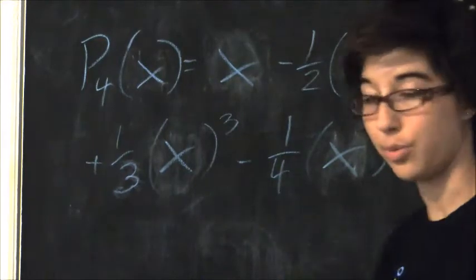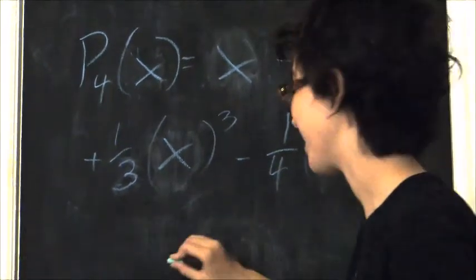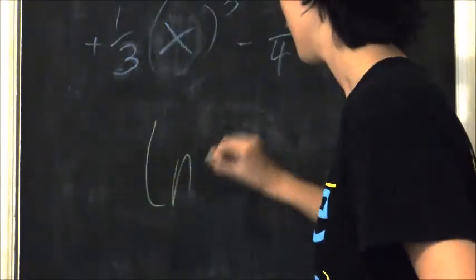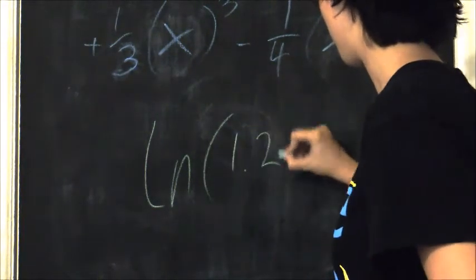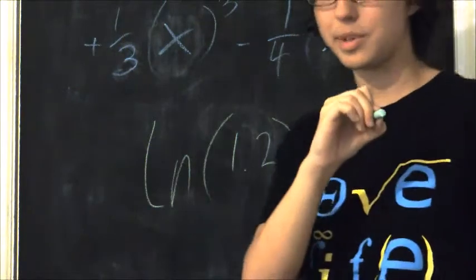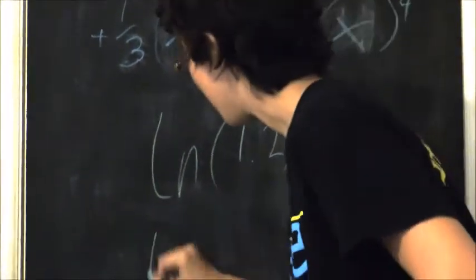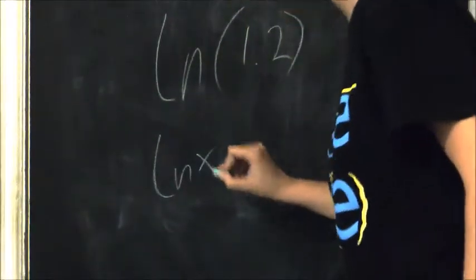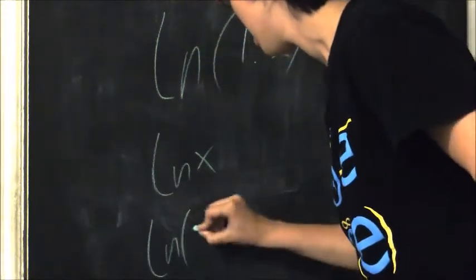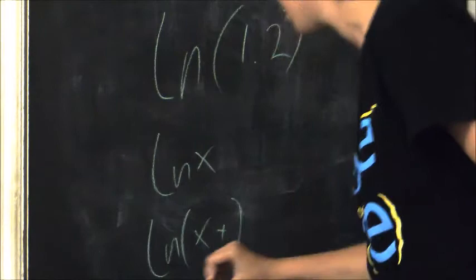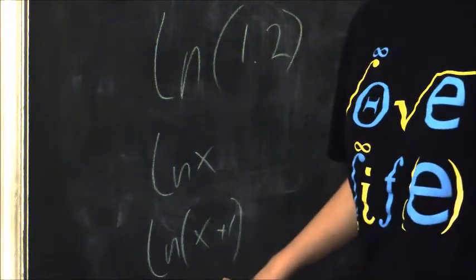If we wanted to approximate something, let's say ln of 1.2. Well, remember what we did at the beginning. We made ln of x into ln of x plus 1.